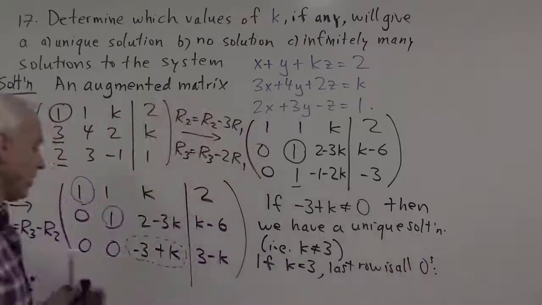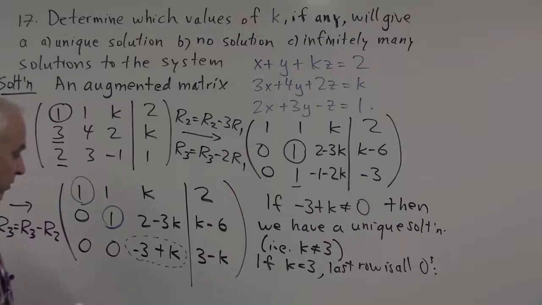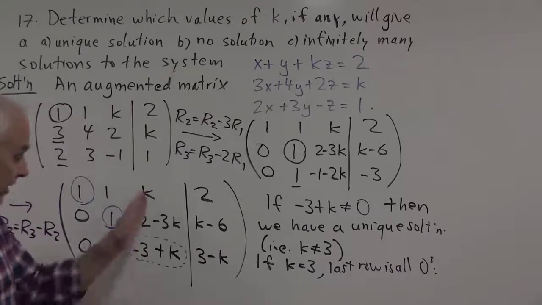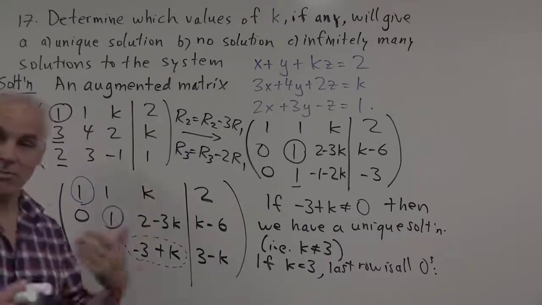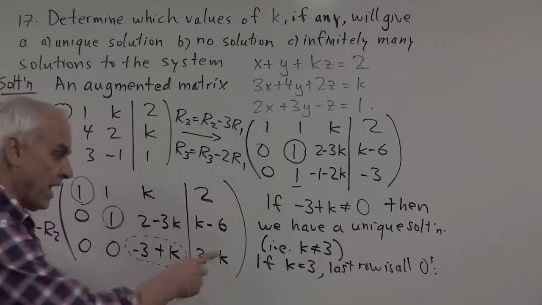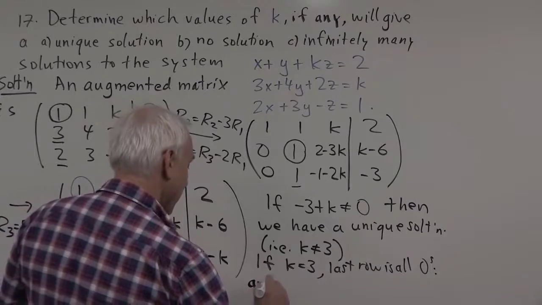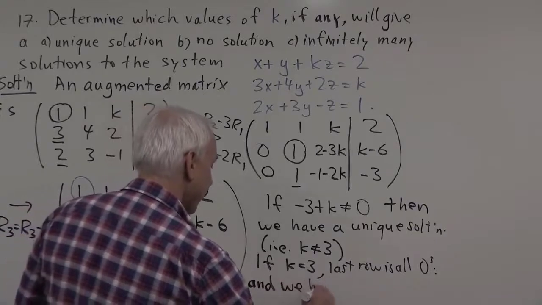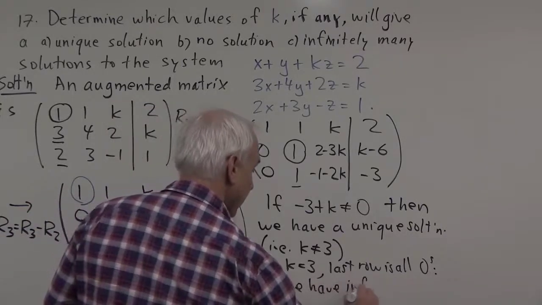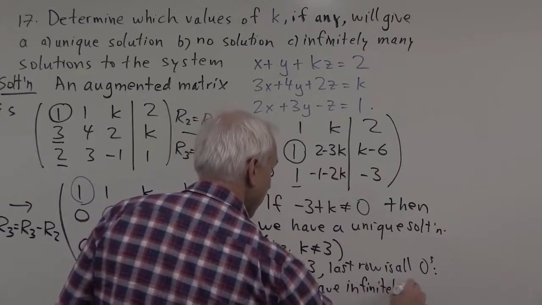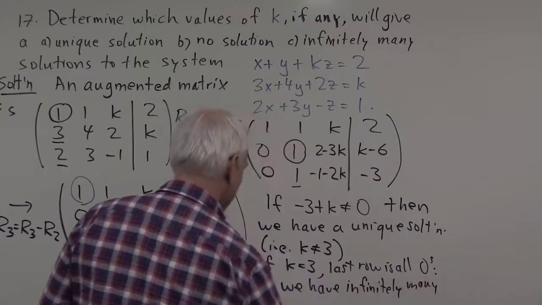In which case, we will get a situation where we have 2 leading columns and 1 non-leading column, and then there is an infinite family of solutions because we can set this variable to be a parameter. So if k equals 3, the last row is all 0, and we have infinitely many solutions.